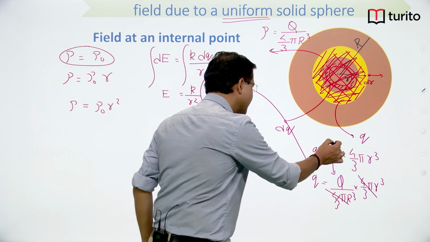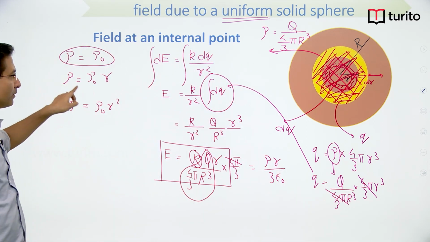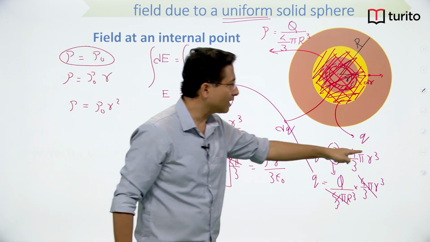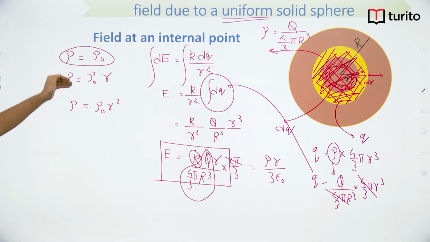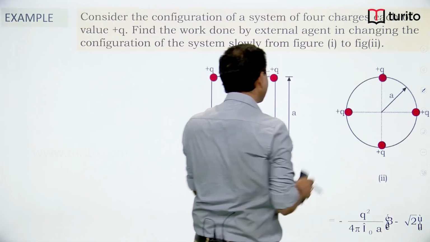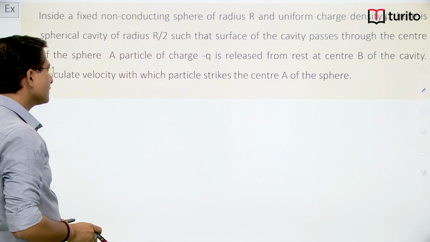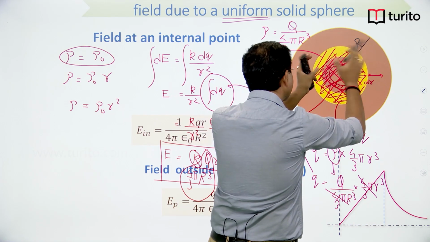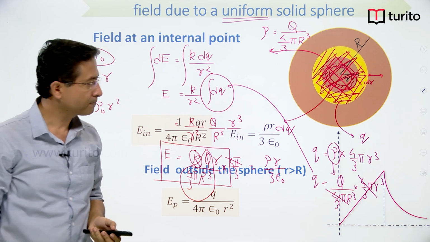Now you cannot write rho equal to Q upon 4 by 3 pi R cube. If you write rho naught r, then one extra r will come and the integration will be something different. So for all such situations, you have to first integrate to get the total charge enclosed, and that total charge you can substitute in the expression to get the field variation, right.